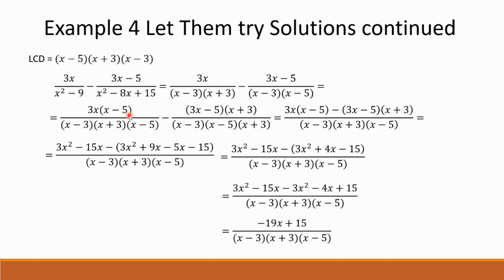For the second one, we're missing x plus 3. Let's multiply the denominator by x plus 3, that's what we're missing to get the LCD. Whatever we do to the bottom, we do to the top, so we're multiplying top and bottom by it. And now when we subtract, the denominators are the same. We get this.